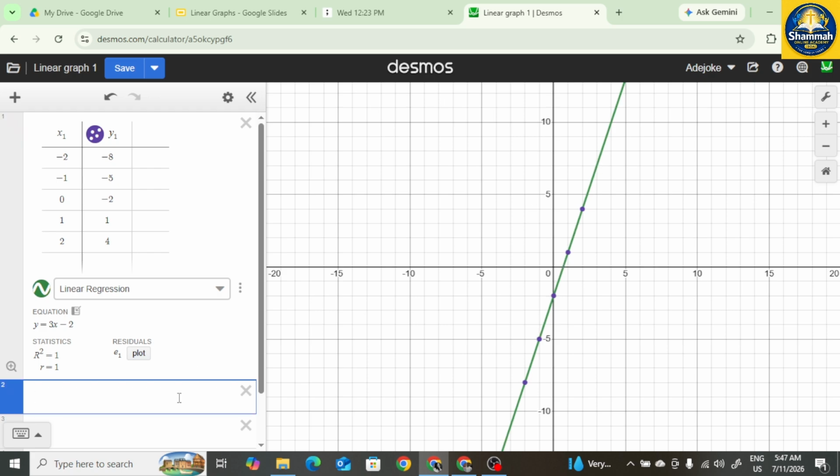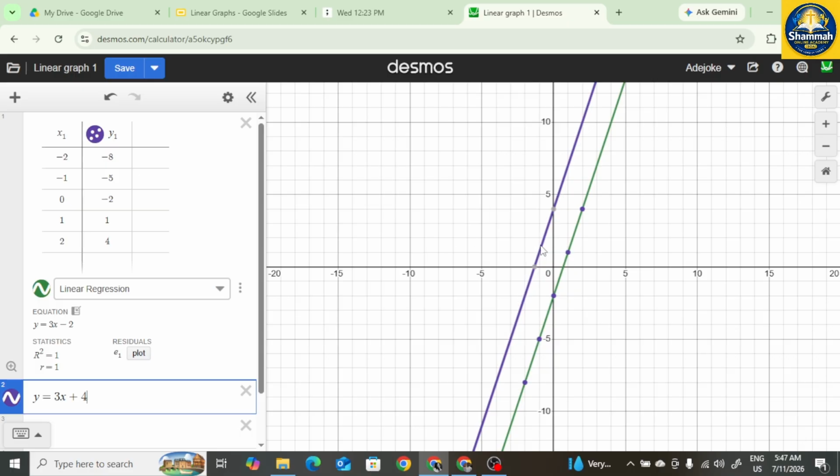Now, let's add a parallel line to this graph. All right, so can you see it? So this is the linear graph and this is a parallel line.